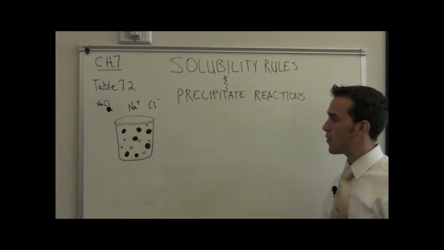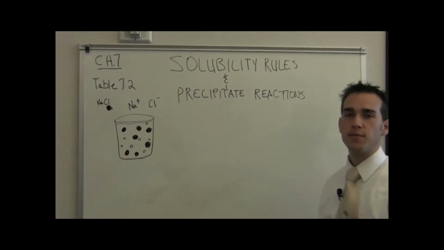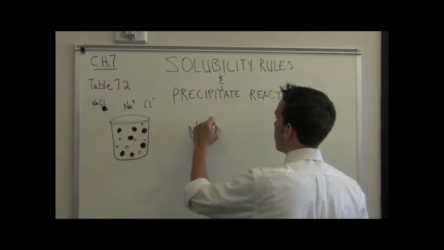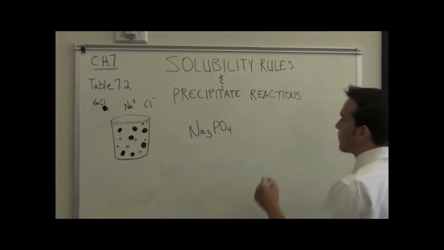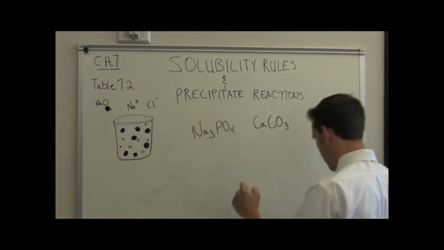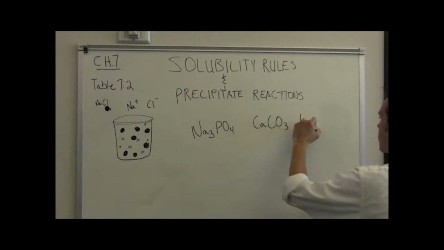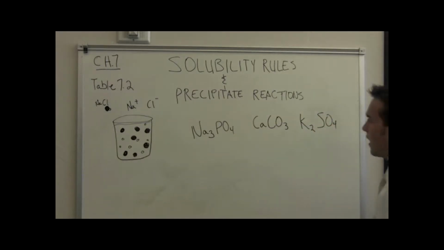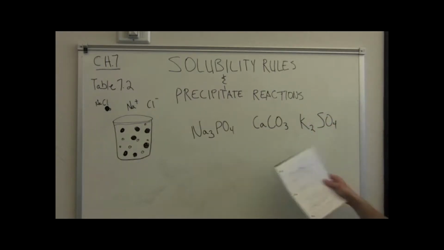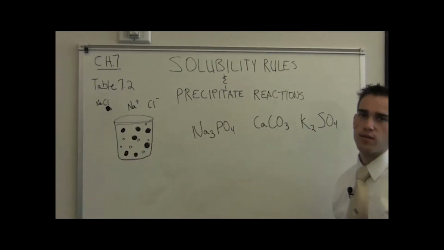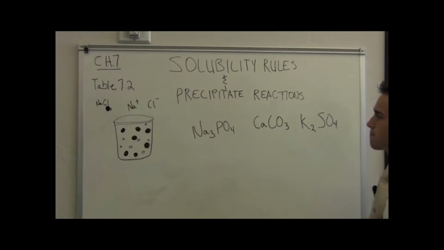So if you had Na3PO4, CaCO3, and K2SO4, and you were asked if these 3 compounds were put into water, which will dissociate or break into separate ions, and which won't dissociate, which ones are insoluble.